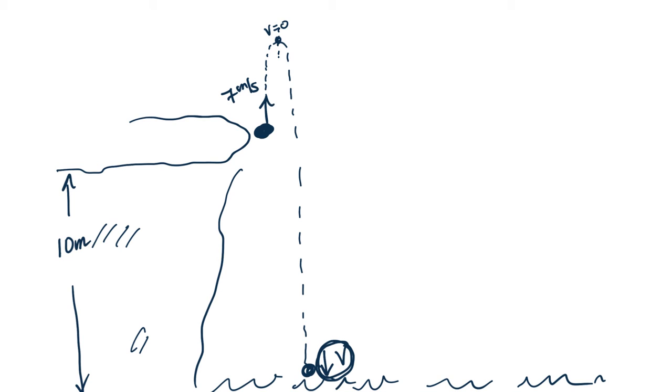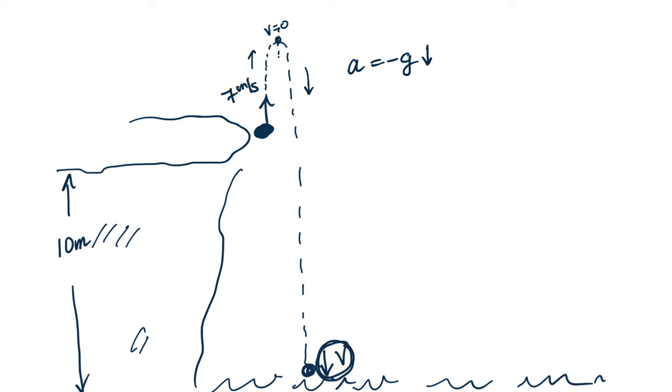But one important thing to remember is that throughout this entire trip, whether you're on your way up or on your way down, the acceleration is negative g. And let's just remind ourselves of what's going on there. As you travel up, your velocity is upwards. The acceleration is pointing down because it relates to the force of gravity, which always pulls down. Gravity never acts up.